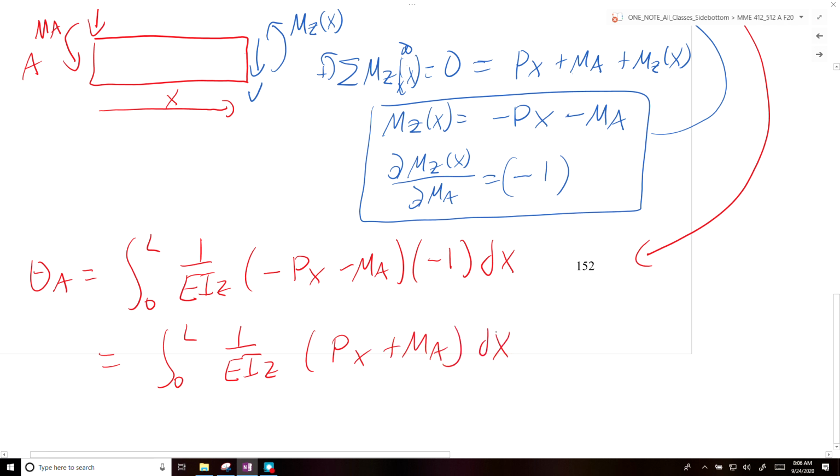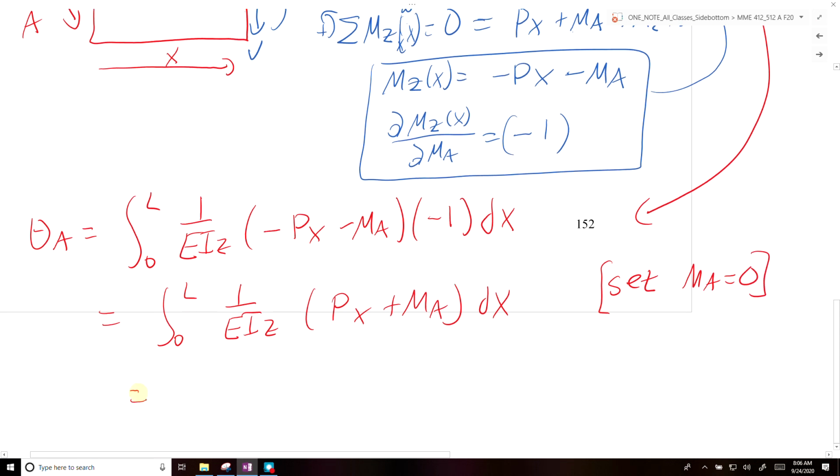Okay, so after we've taken our differential, we can now set MA equal to 0 since it's our dummy load. So then our integral gets simplified down a little bit more. It just becomes 1 over EIz times P x dx.